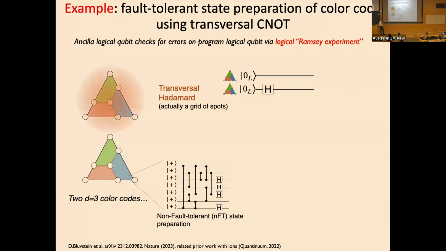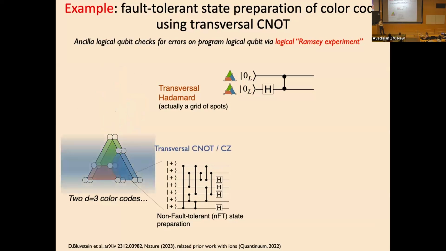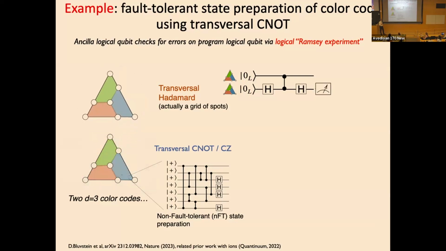multiple copies to, for example, use one of these non-fault tolerant blocks to check the preparation of the other block. And this way, by conditioning on whether the result of this circuit for one qubit is 0, you can greatly improve the purity of the other state.